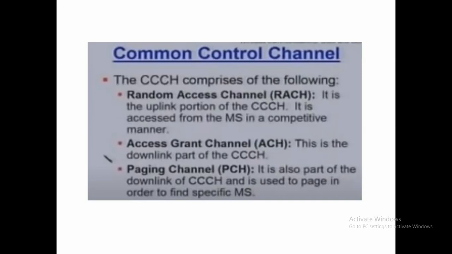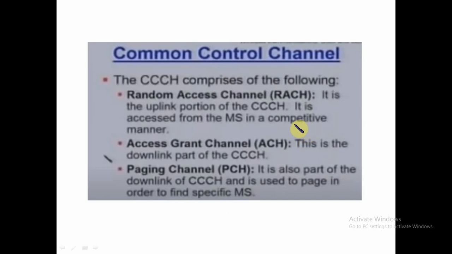The random access channel is the uplink portion of the CCCH control channel, and it is accessed from the mobile station in different manners. So these are the common control channels.